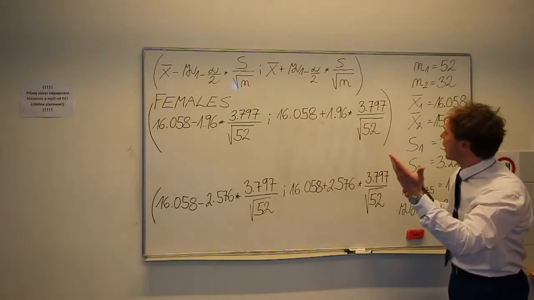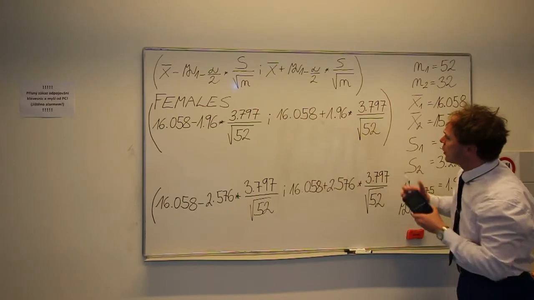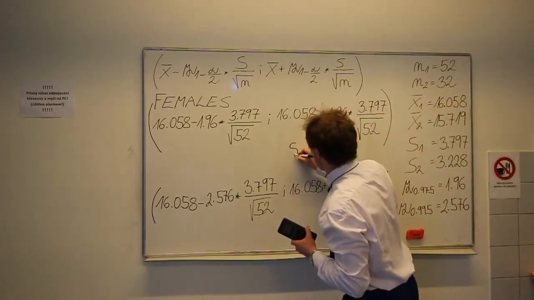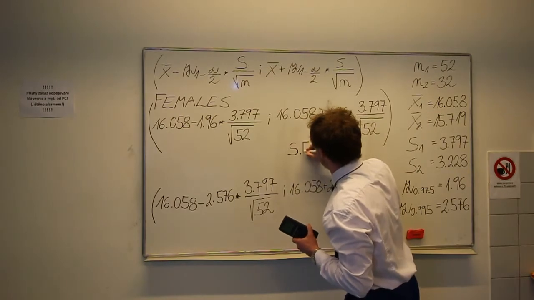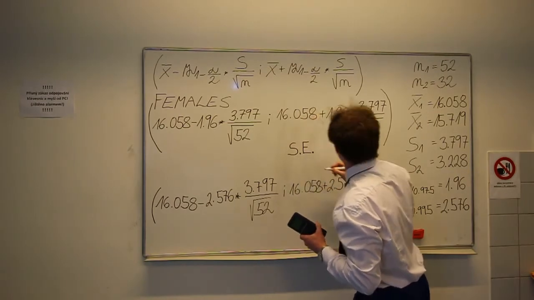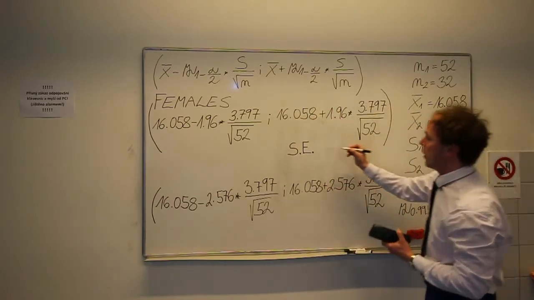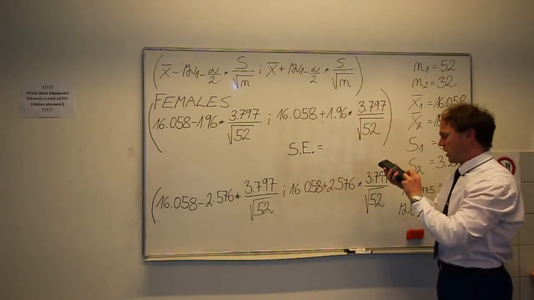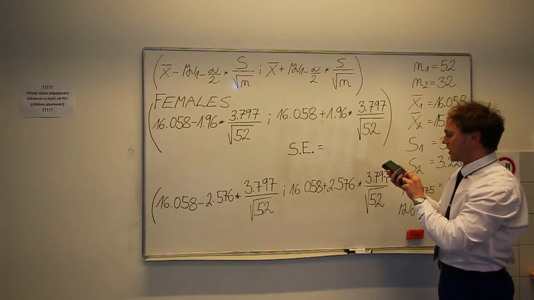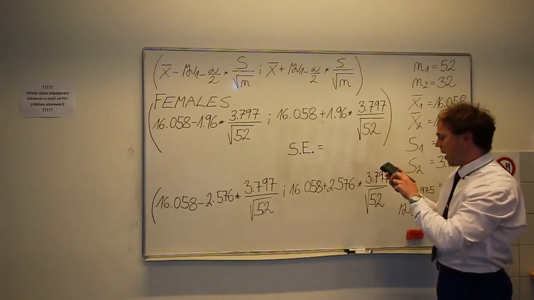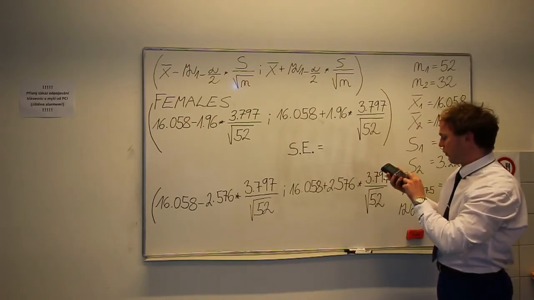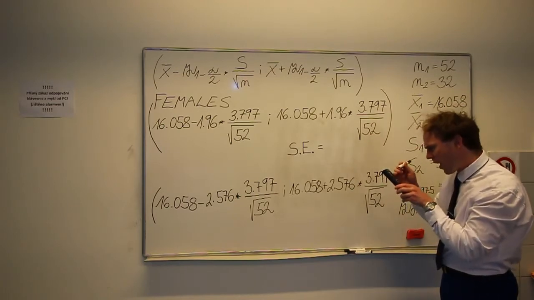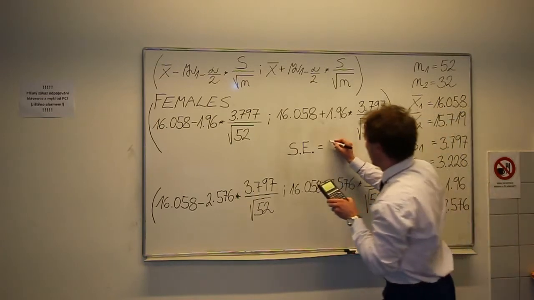Maybe Mr. Hellman used something different, but this ratio can be called sample error. So I will solve this: 3.797 divided by square root of 52, enter: 0.527.